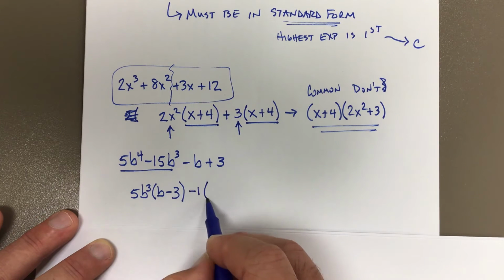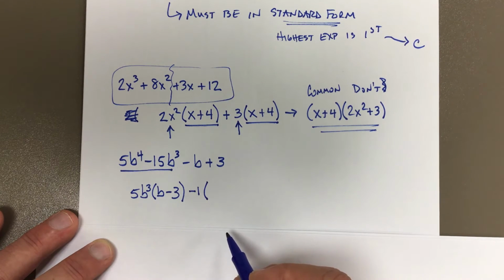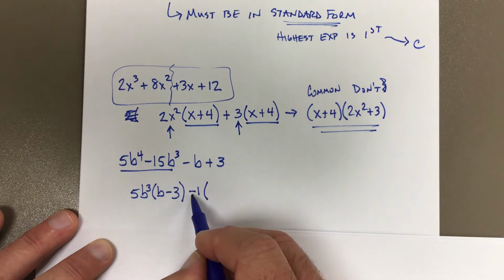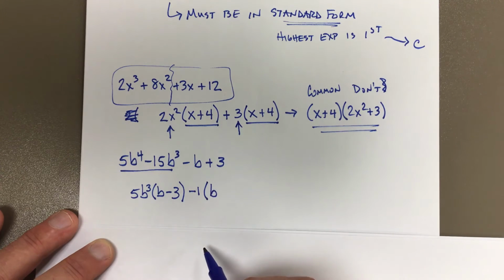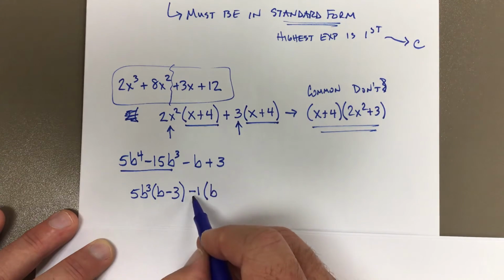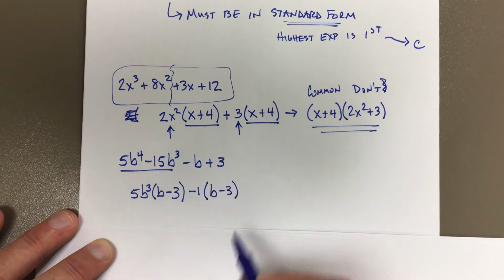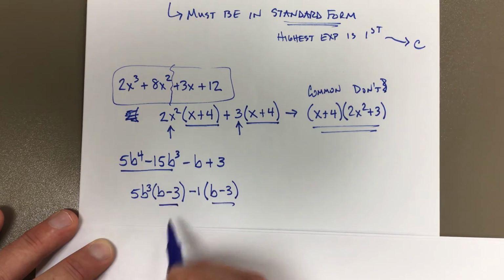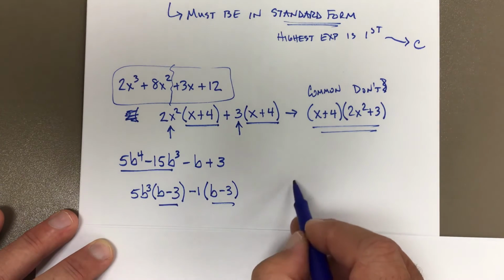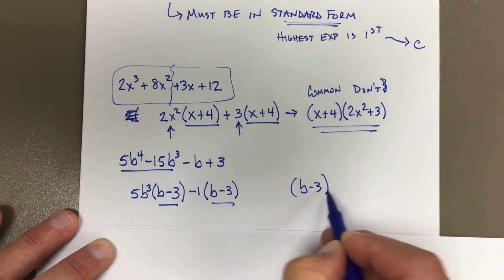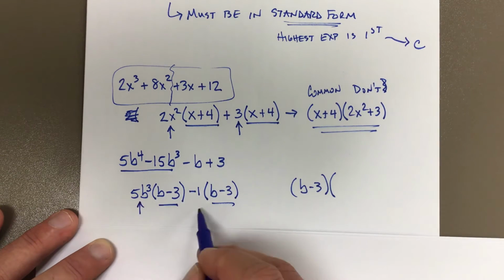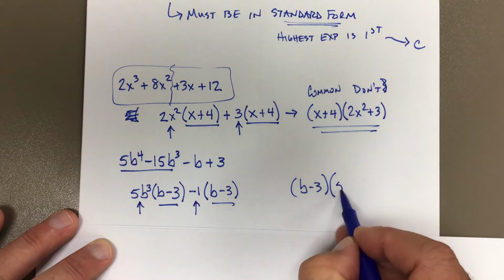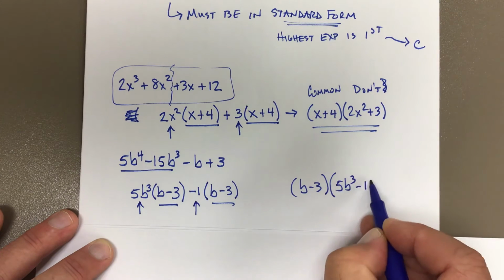If we take out a -1, then negative divided by negative is a positive, and so that's a +b. And a positive divided by a negative is a negative. So now we have something in common, b minus 3. So b minus 3, and then what don't they have in common? That's these two things: 5b to the third minus 1.